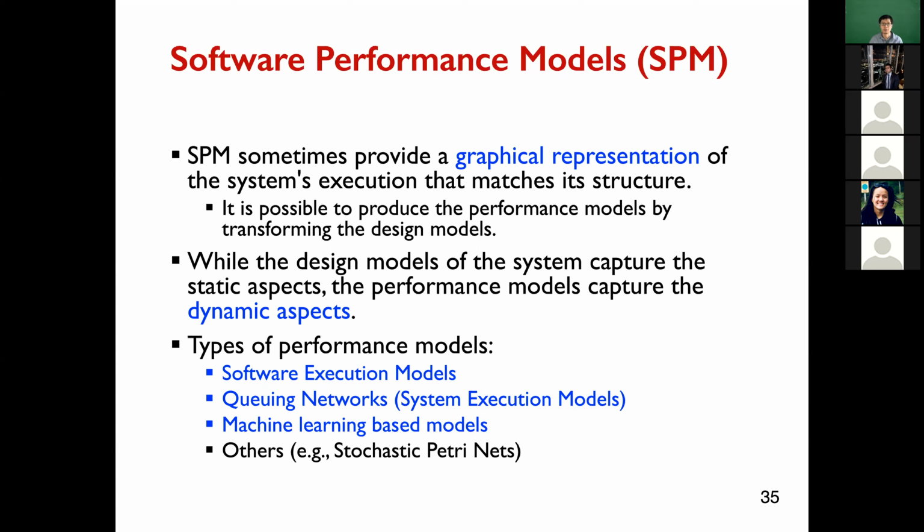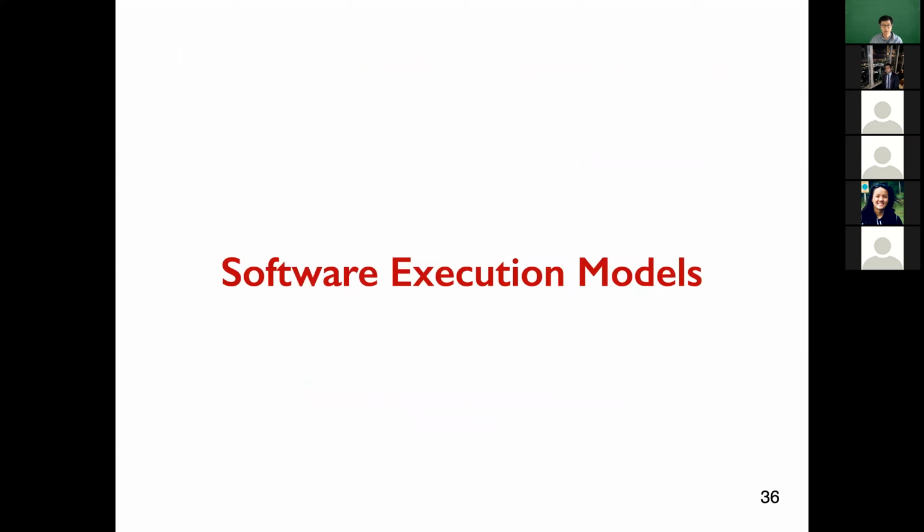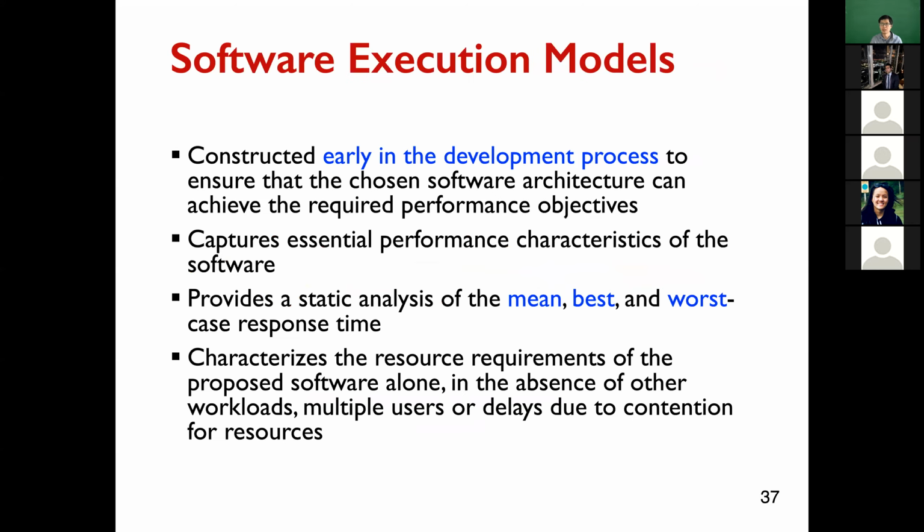First we discuss what is a software execution model. It is constructed as early as the software design architecture. It is early in the development process to ensure that the chosen software architecture can achieve the required performance requirements.